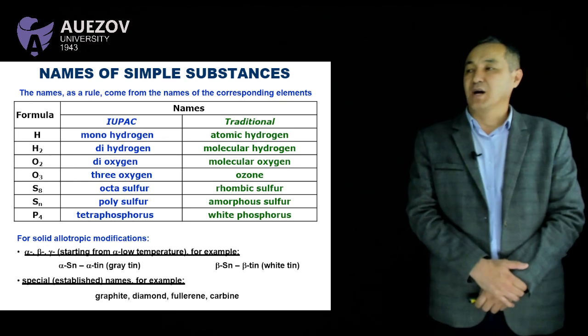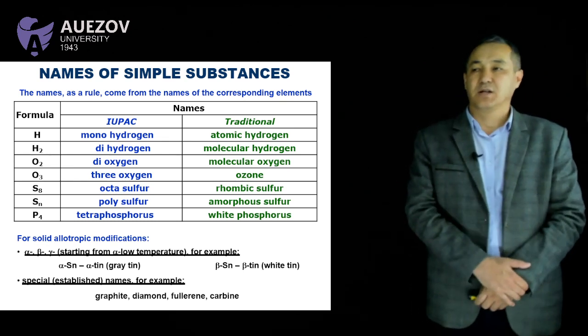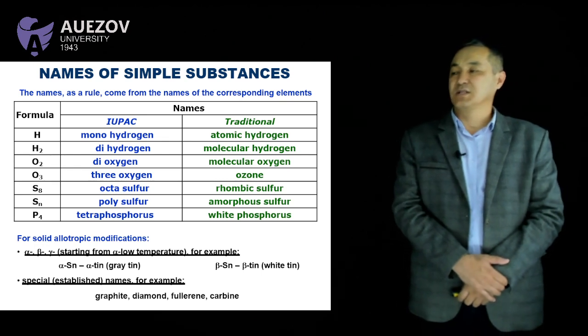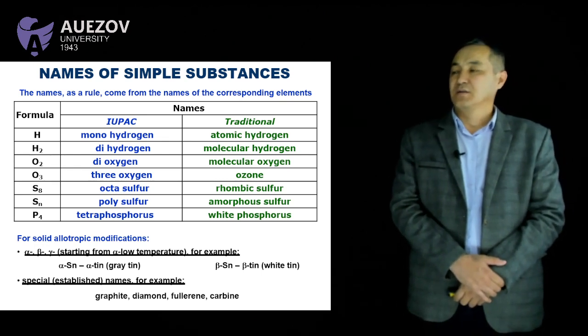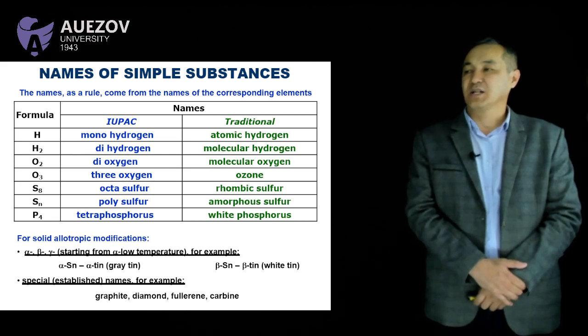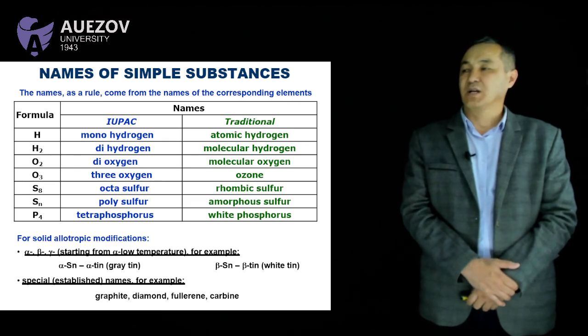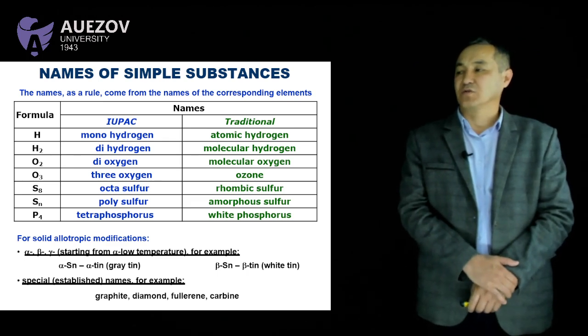According to IUPAC, we can call this substance tetraphosphorus, and in traditional names we can call it white phosphorus.